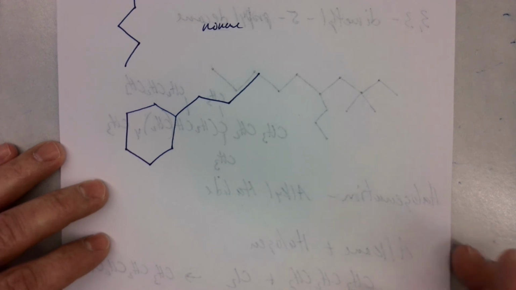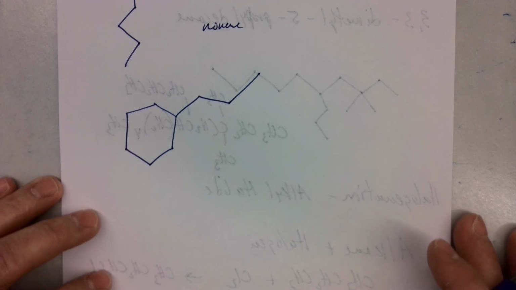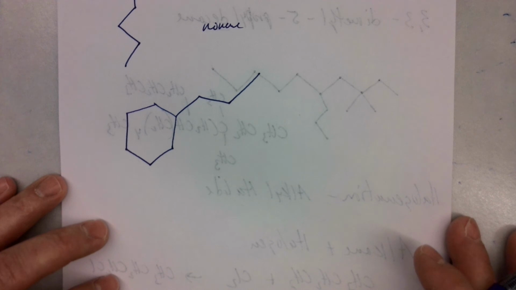One, 2, 3, 4, 5, 6, 7, 8, 9. One more. 10. Alrighty. What do you got?